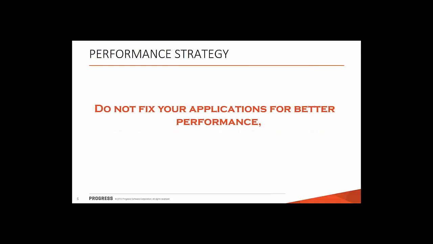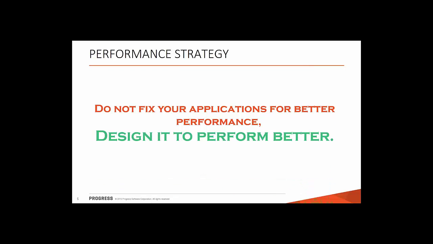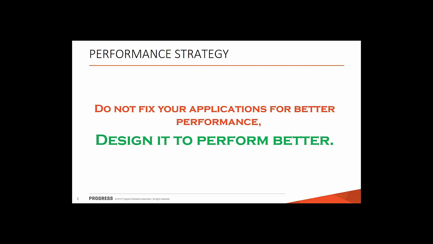So we should not do this. Do not fix your application for better performance; we should design it to perform better. So how can we design it to perform better? Let's have a look at some design guidelines on how you can best use your data adapter in your application.